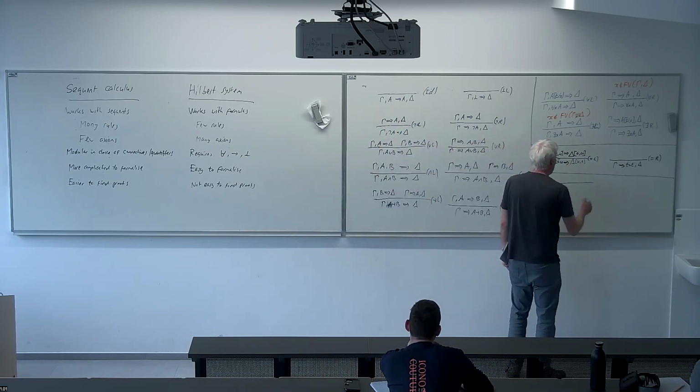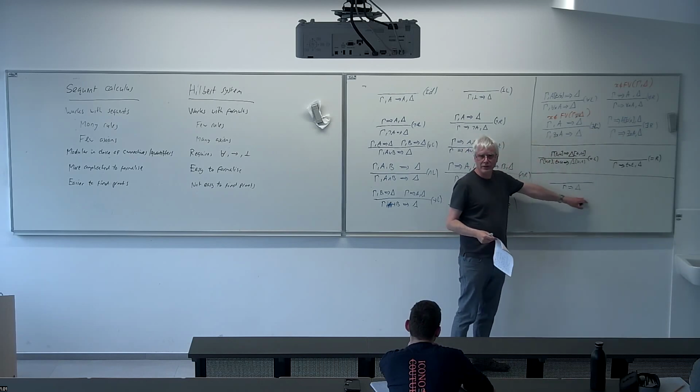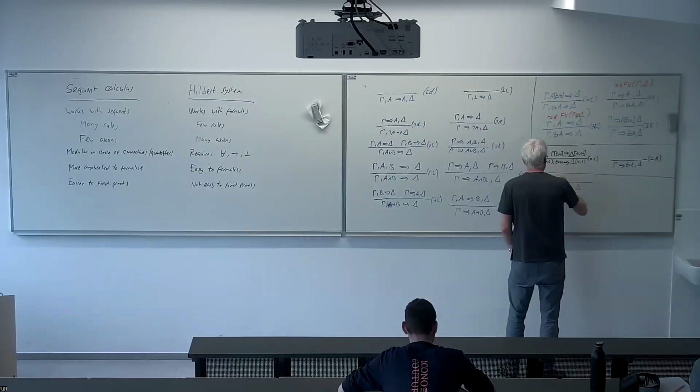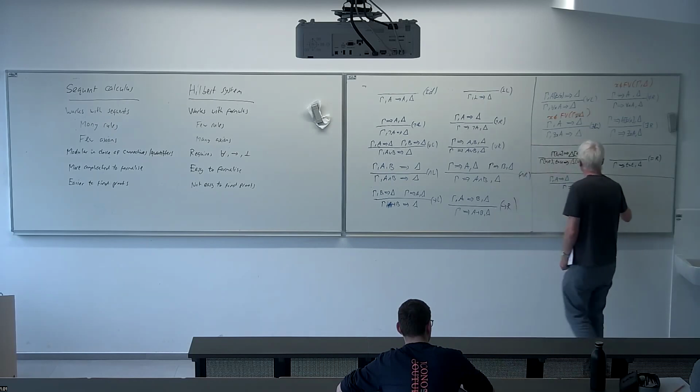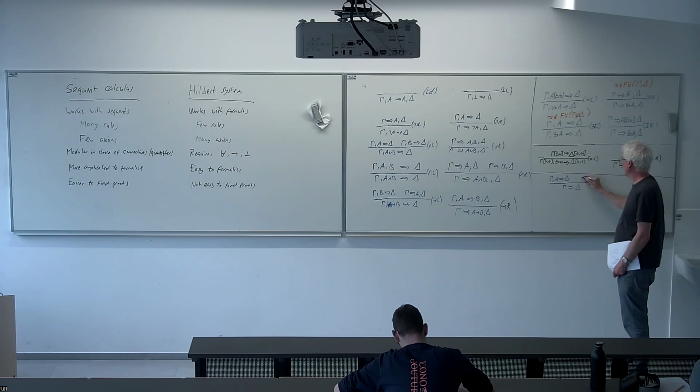The cut rule says instead that in order to derive any sequent gamma delta, you can do that by introducing a formula A and proving this sequent with A on the left and another sequent with A on the right.